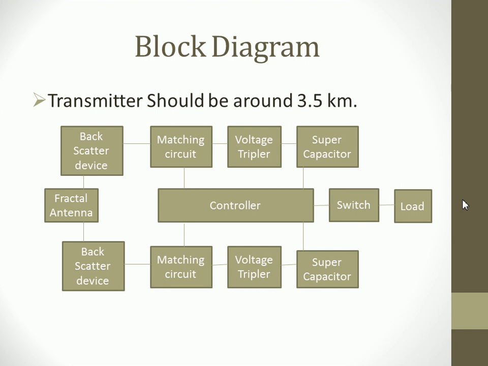We are keeping a transmitter around 3.5 kilometers apart, and from there we produce a wave. In our circuit we are using fractal antennas which detect it, and this wave is reflected between these backscatter devices, and from these backscatter devices we can produce the power.